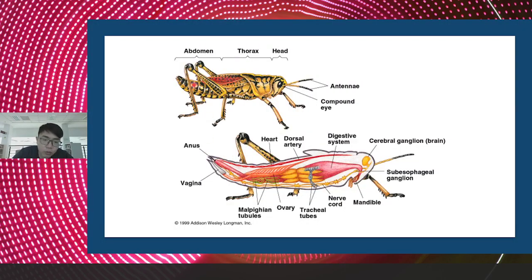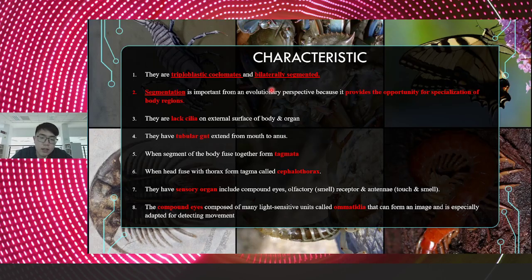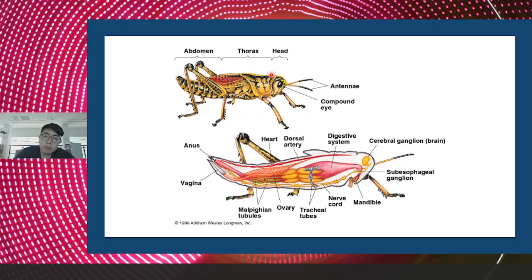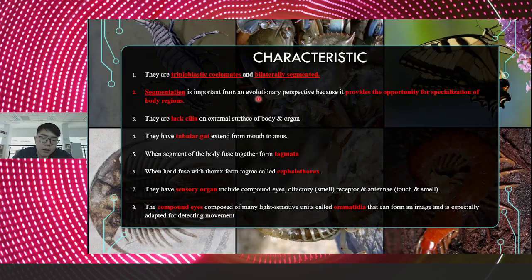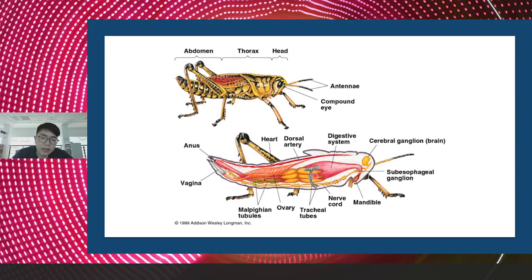All of the body segments, they combine, and it is called tagmata. And if the head fuses with the thoracic segments, it is called the cephalothorax.